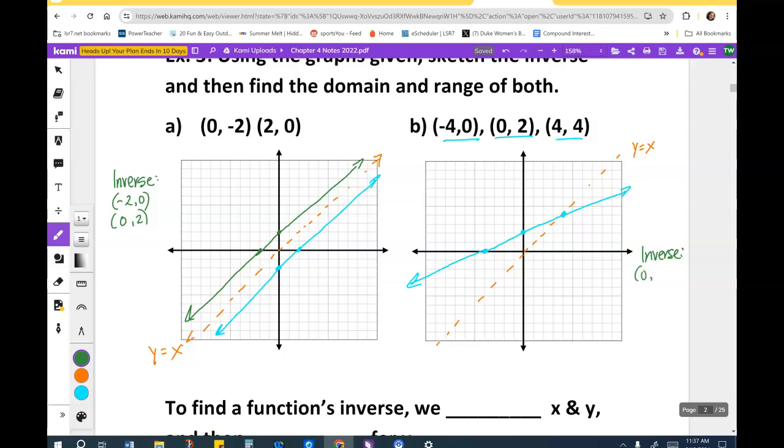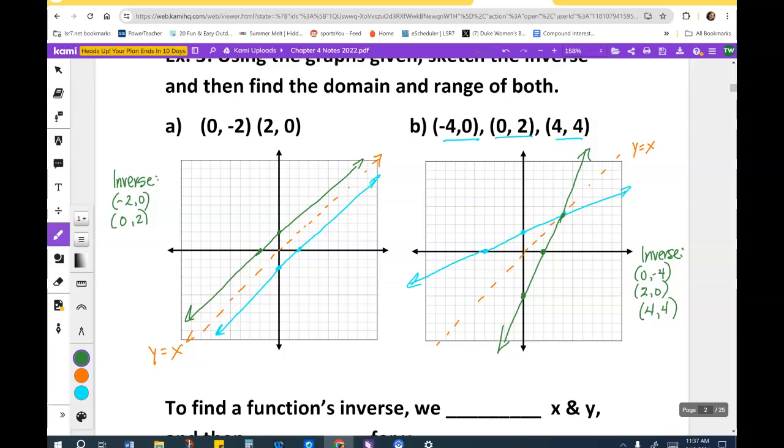So I'm going to have 0, negative 4, 2, 0, and 4, 4, because if you flip them, 4, 4 is just the same thing. And notice, even though these cross, if you look at y equals x as a mirror, they reflect over that line.